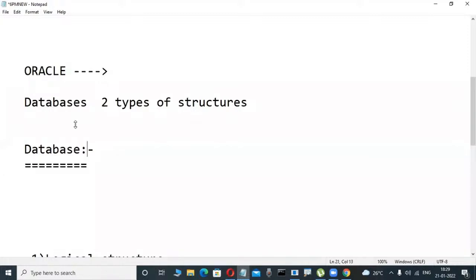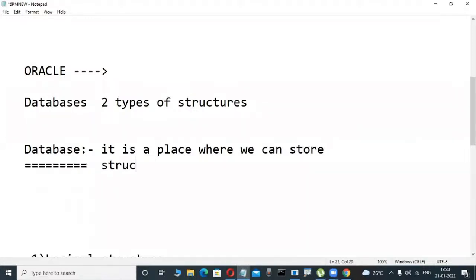Anybody observing in Google or in books, it says it is a place where we can store, in a computer system, a structured collection of data. They say only that: we can store a structured collection of data. What is data, what is information, what is DBMS, that is later.